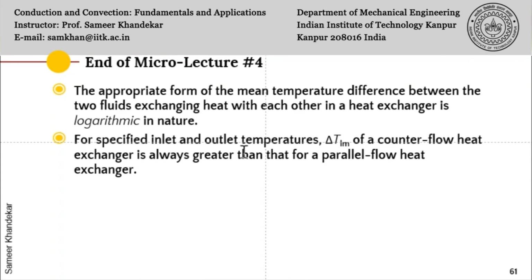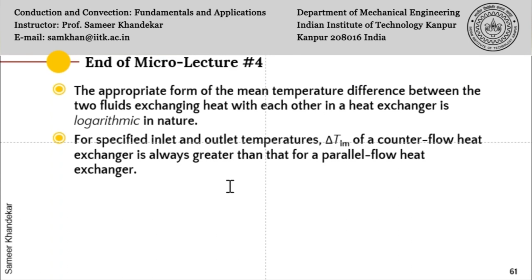And for specified inlet and outlet temperatures, this LMTD for a counterflow heat exchanger is always greater than that of the parallel flow heat exchanger. This information will also be used later when we design heat exchangers in favor of the counterflow heat exchanger. So with this we end micro lecture 4 at slide number 61.